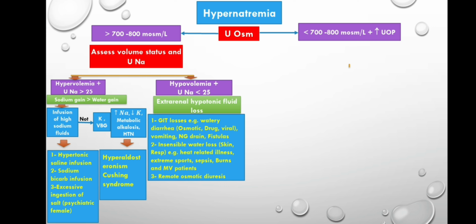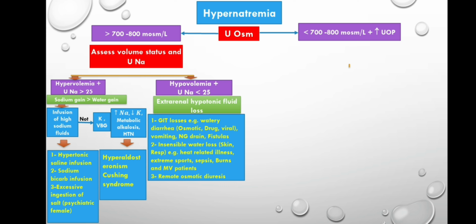Insensible water loss means water loss from sites other than GIT or renal, mainly skin and respiratory system. It is called insensible because this cannot be calculated in the fluid chart.